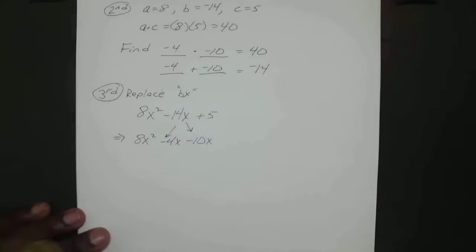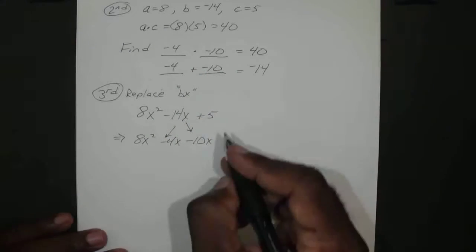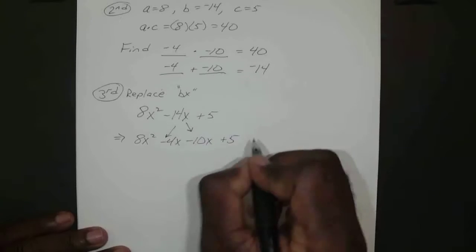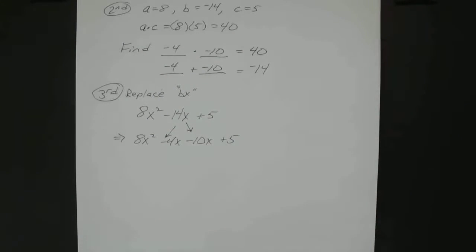So all you did was get the same number and break it down. Plus 5. Okay, so now we have our 4 terms. And remember, with 4 terms, you can use factor by grouping.